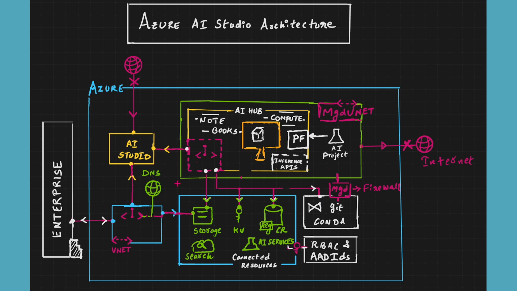When a developer calls the AI Studio URL, which private IP address it corresponds to is established by which virtual network it is part of, and what private IP address it got from there, and that VNet being connected to the Azure backbone, it knows that it needs to go here, and all of that is done by Azure DNS. You can also use your custom DNS if that's the approach you want to take.